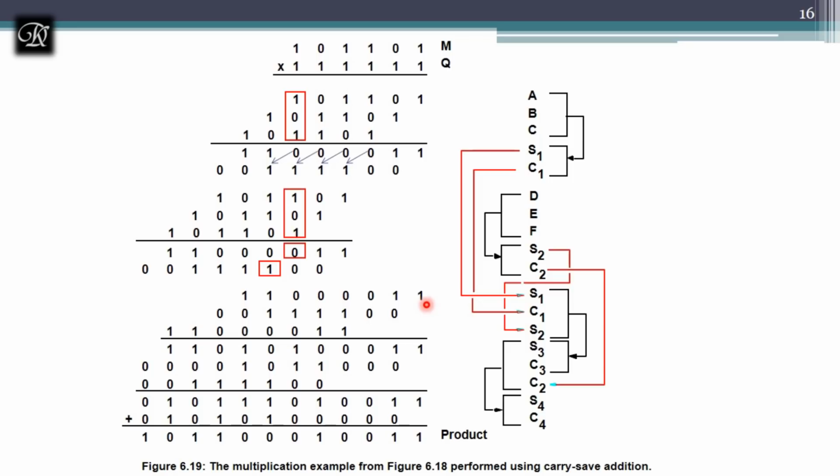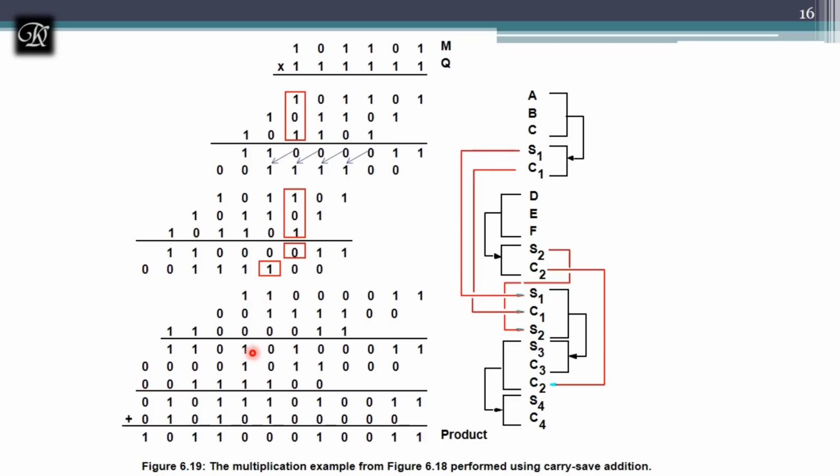That is 1 is 1 and carry to the next level is 0. 1 is 1, carry to the next level is 0. 0 is 0, carry to the next level is 0. 1 and 1, it is 1 0, 0 is here, 1 will be to the next level. 1 and 1 is 0 and carry to the next level is 0. 1 and 0, it is 1 and carry to the next level is 0. 1 and 1, it is 1 0, 0 here and carry to the next level is 1.